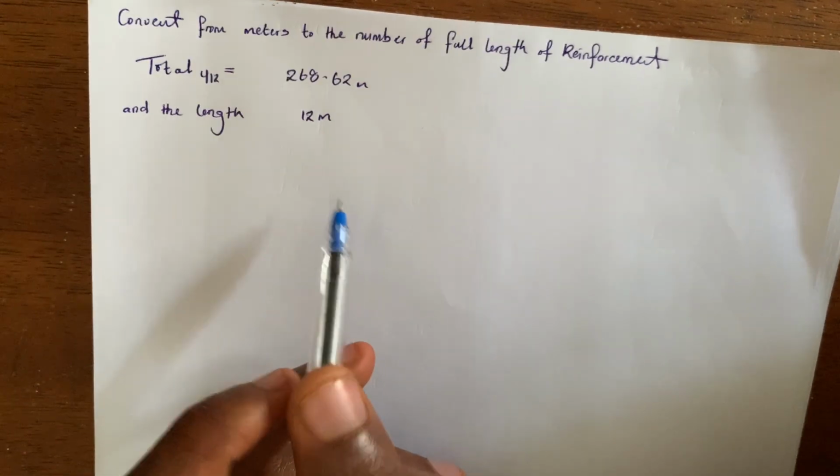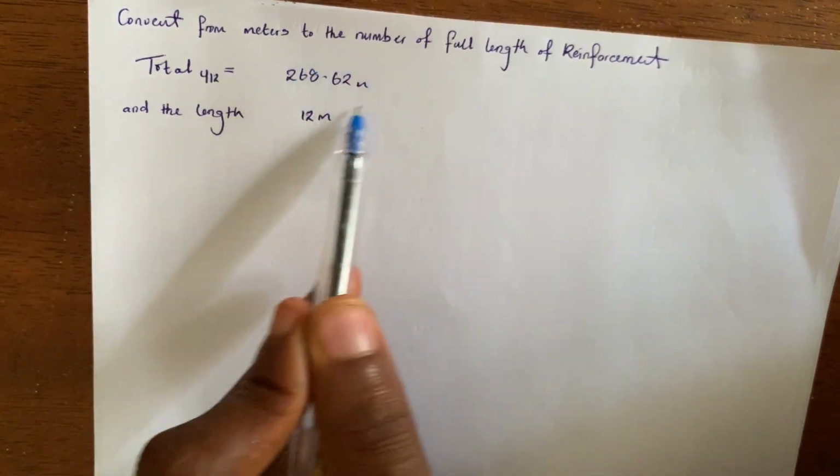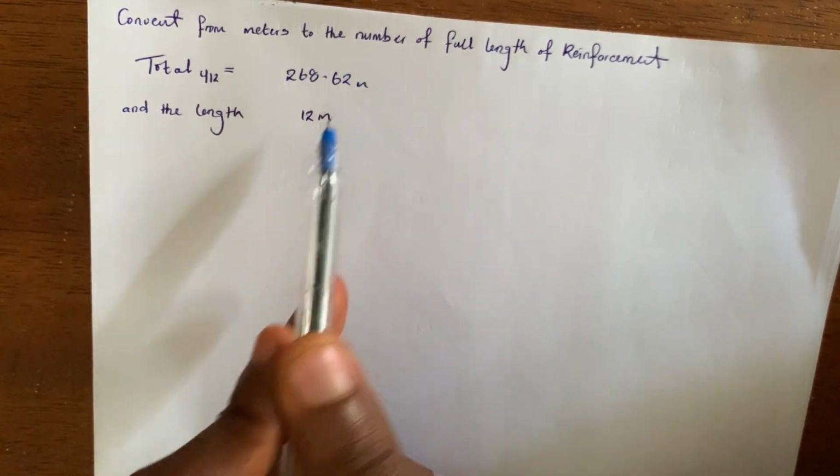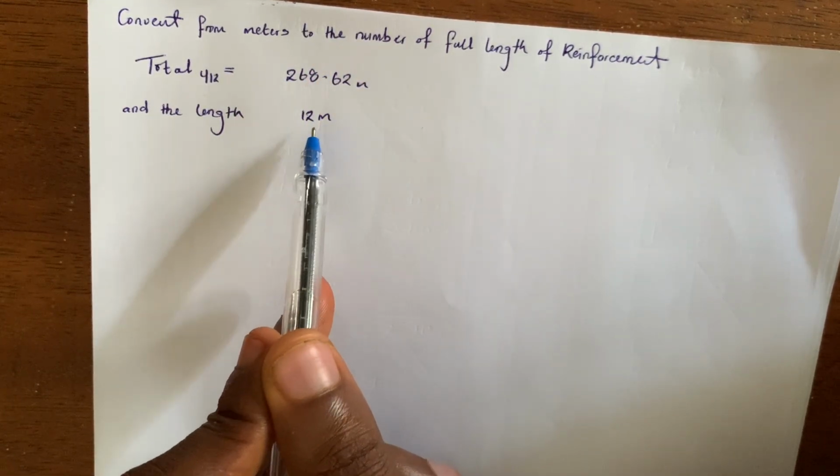What you will do is divide the total length of what you've calculated by the full length of one reinforcement.